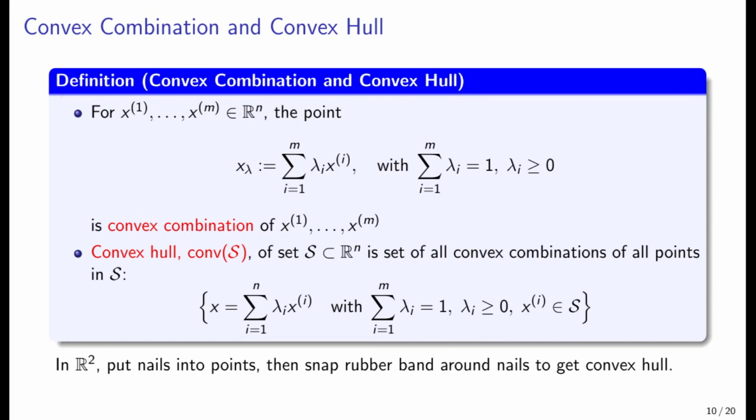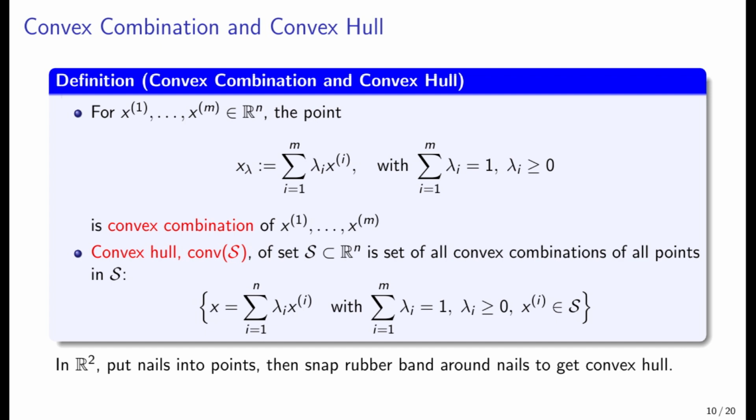And then there are some useful definitions about convex combinations and the convex hull. And we'll talk about the convex hull more in terms of algorithms later. So if I take a number of m points that I have in Rn, then I form what's known as a convex combination. So I take multipliers lambda i that are non-negative and that sum up to 1.